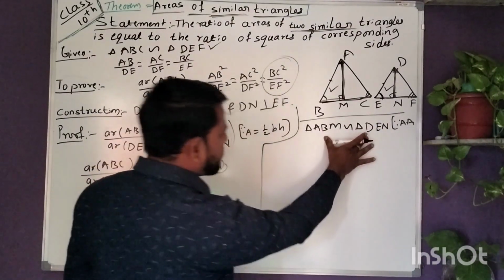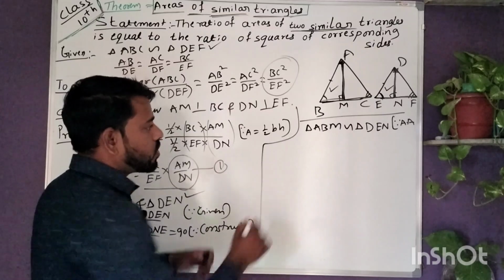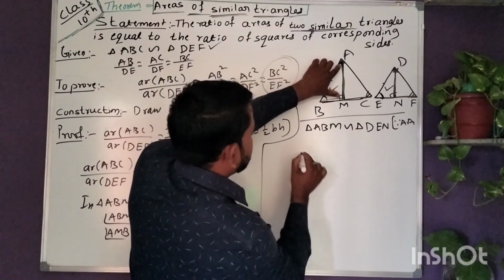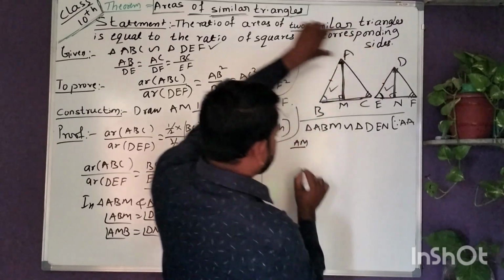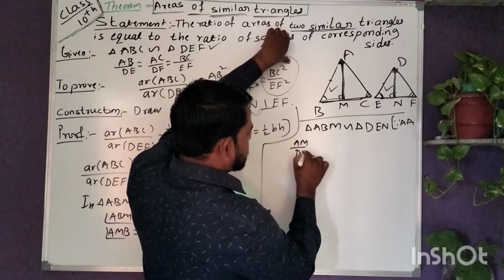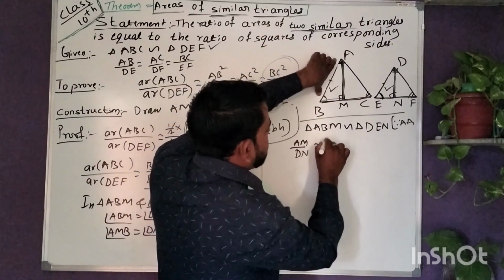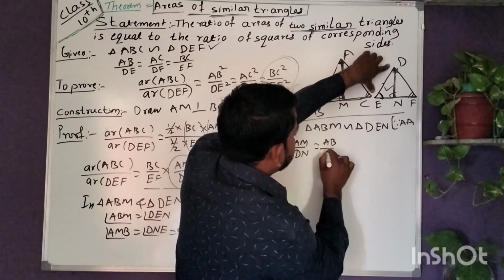If these two triangles are similar, their corresponding sides are in the same ratio. AM corresponds to DN, and the ratio of these two is equal to the other corresponding side ratio AB by DE.